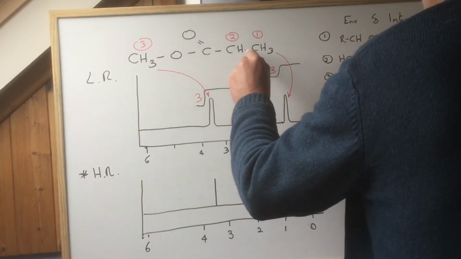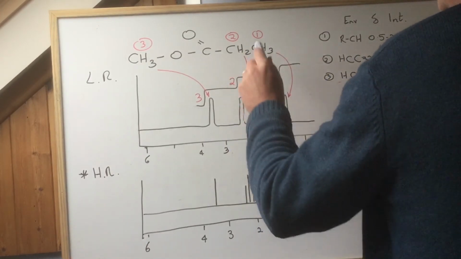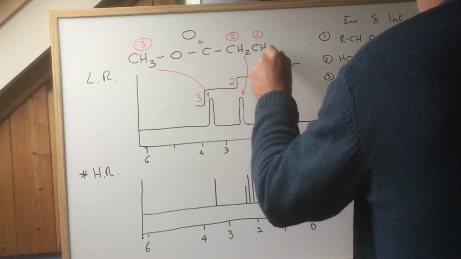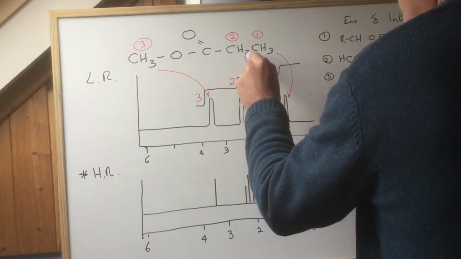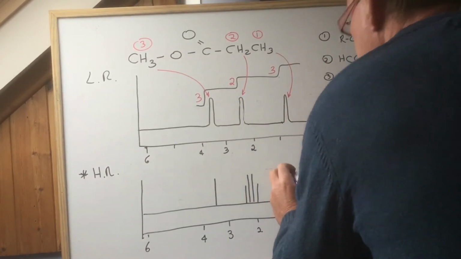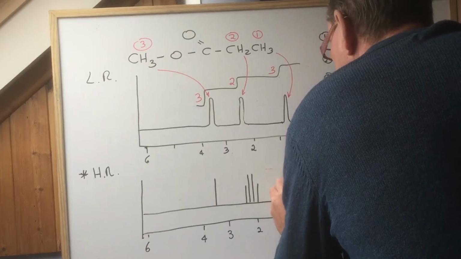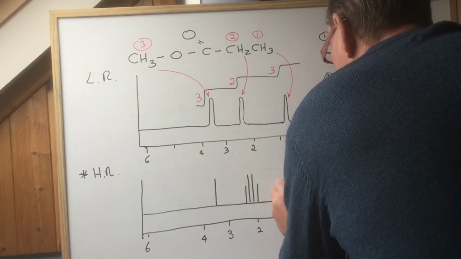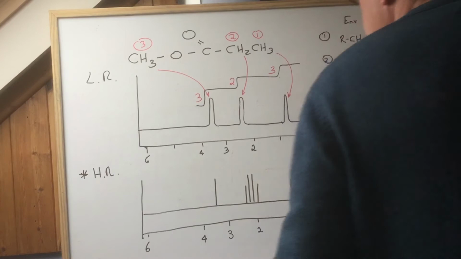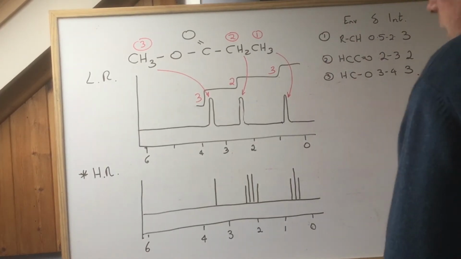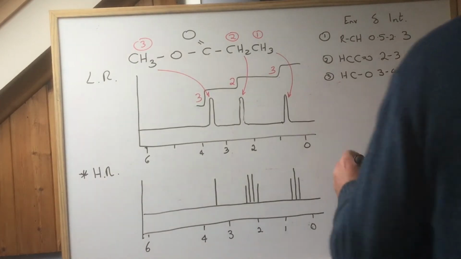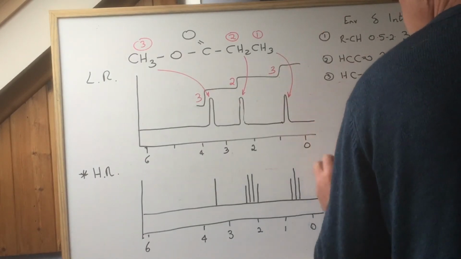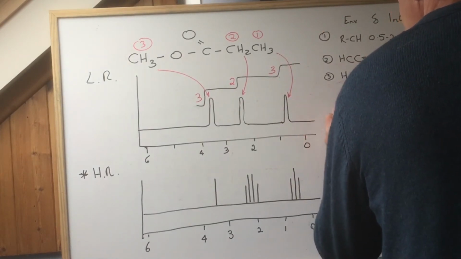So n is 2. So the signal, the peak produced from those protons will be split n plus 1, 3 times. And it looks like this when you're drawing a split of 3. It's drawn symmetrical, like that. That is your first proper NMR spectrum.